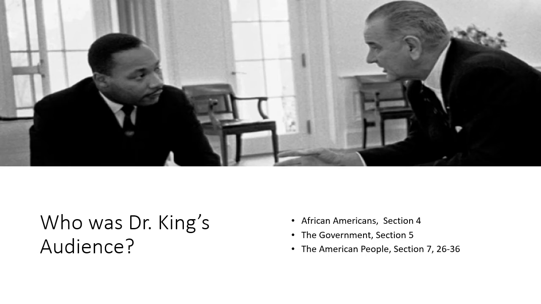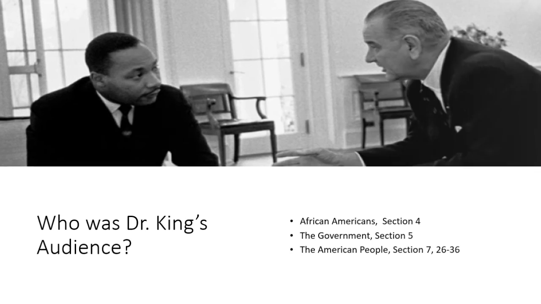But you may find other people in there too as you're reading through, and might find other things that are more specific, like Section 36, where he starts talking about when all God's children, black men and white men, Jews and Gentiles, Catholics and Protestants, he's trying to pull all of the American people in together as a single audience, so then they're a single source of support.